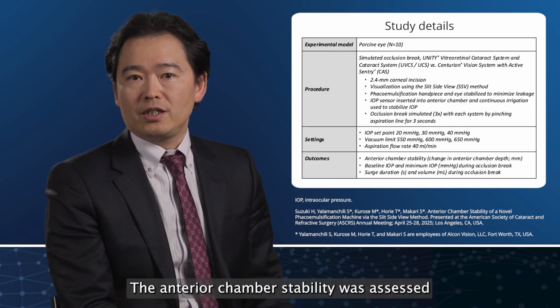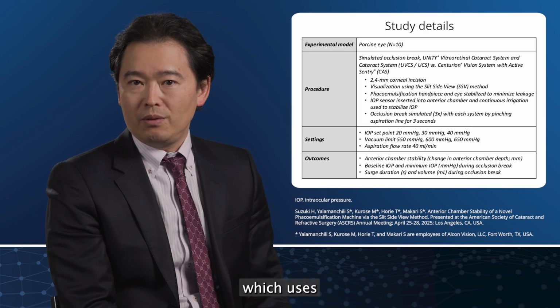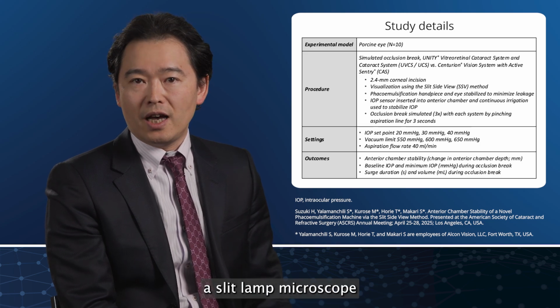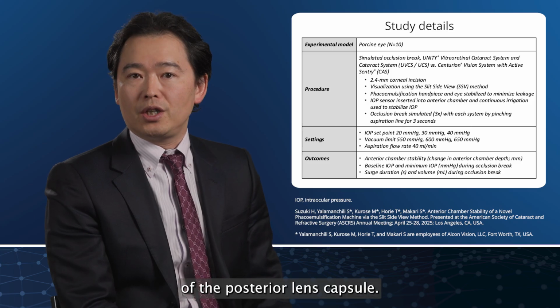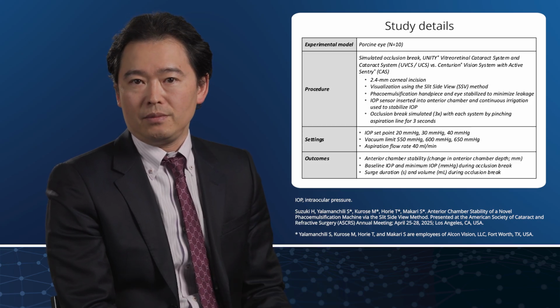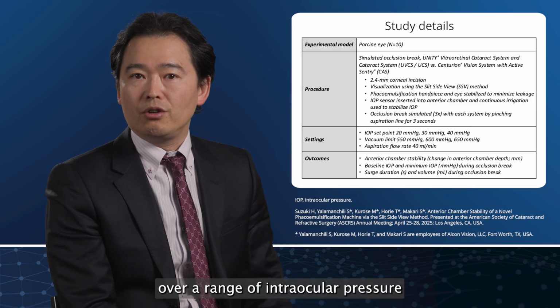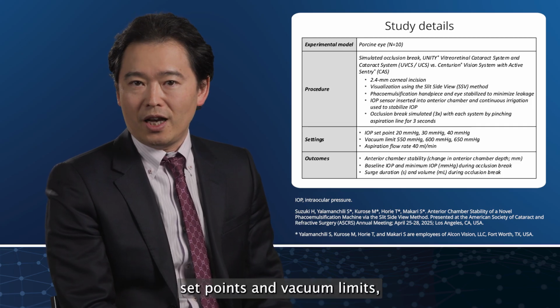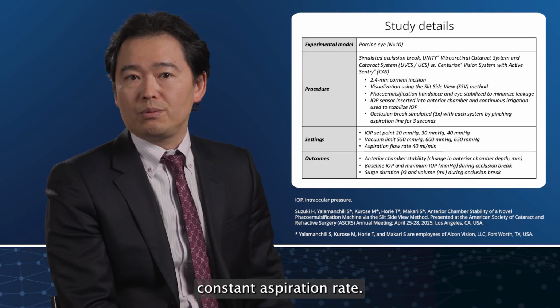The anterior chamber stability was assessed with the slit side view method, which uses a slit lamp microscope to visualize the movement of the posterior lens capsule. We evaluated both systems over a range of intraocular pressure set points and vacuum limits, while maintaining a constant aspiration rate.